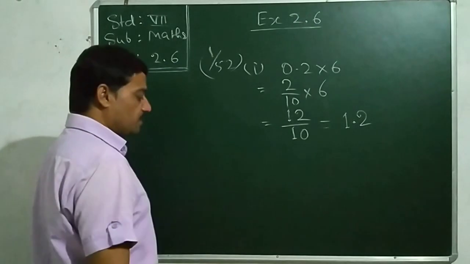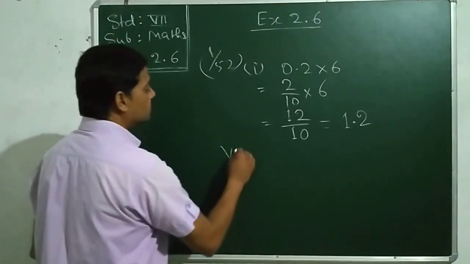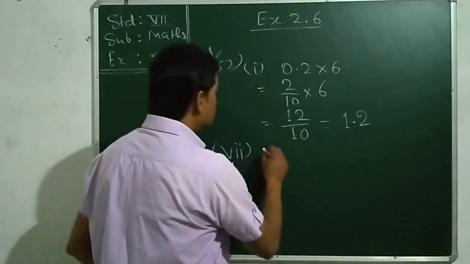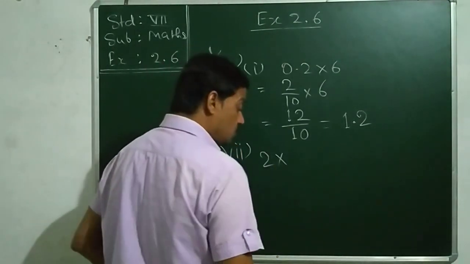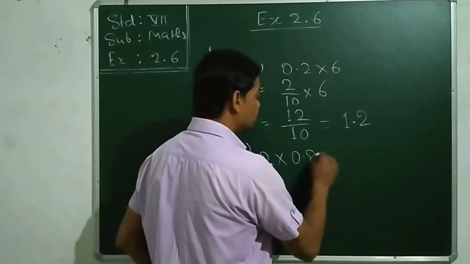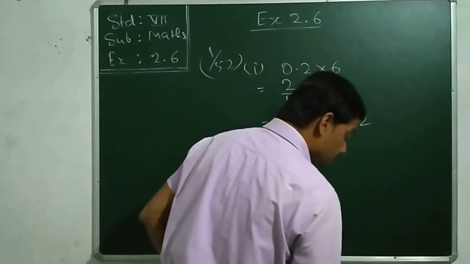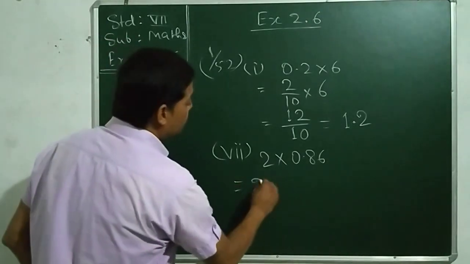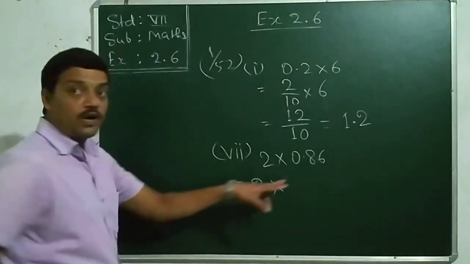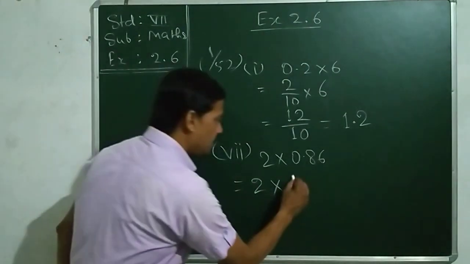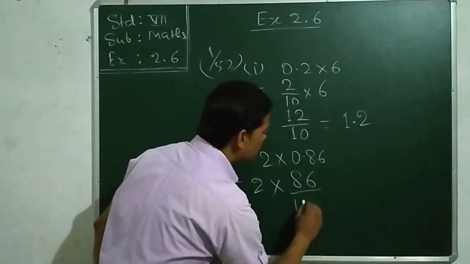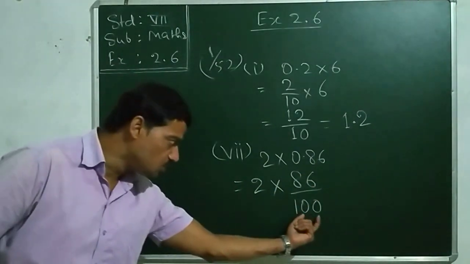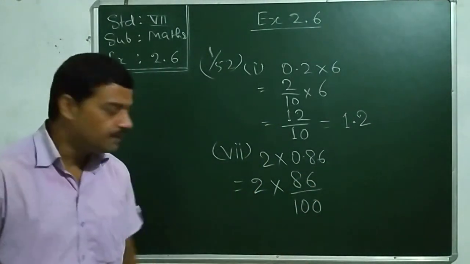Take one more sum. I think the sum is number 7: 2 into 0.86. See, 0.86 will be written as 86 by 100, because there were 2 digits after the decimal, so 2 zeros will appear in the denominator with 1.